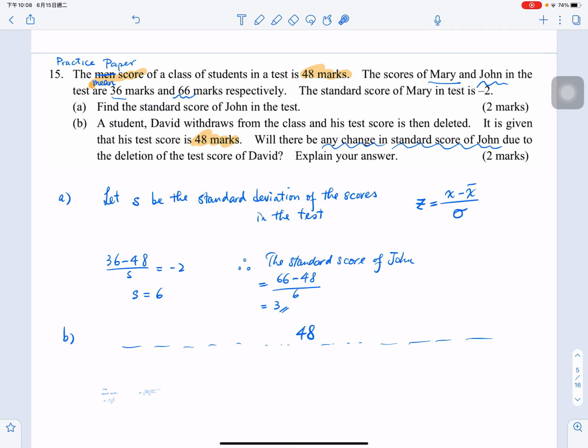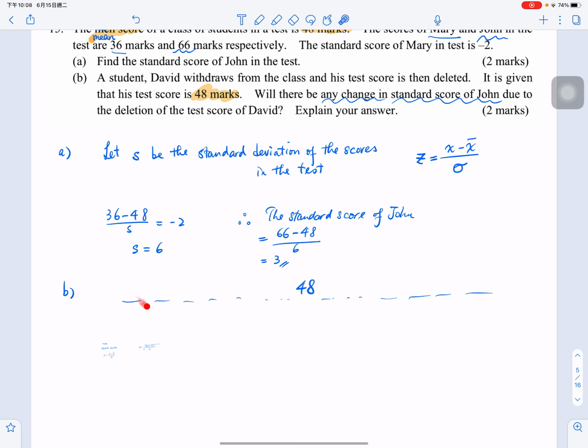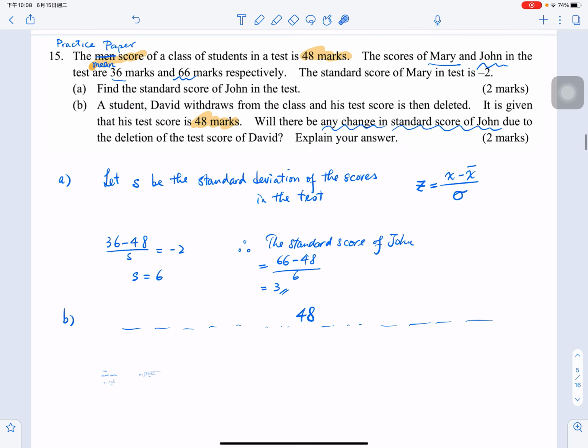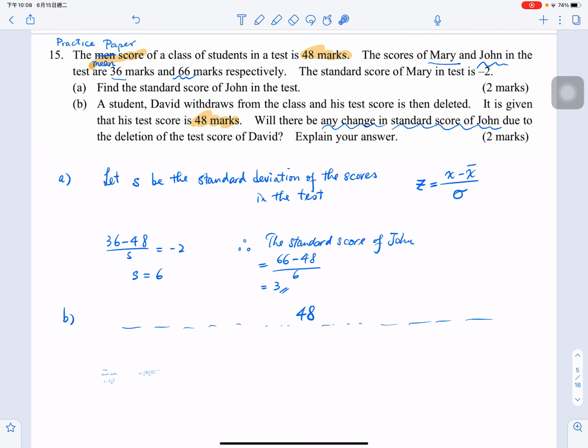Explain. Okay, that means now you have several scores here in the class, right? 48 is the mean. Then what can we do? You have the distribution here, and you delete one of the scores which equals the mean.